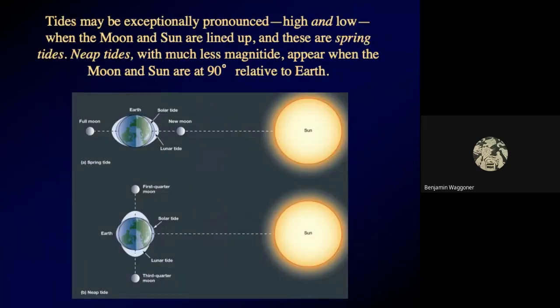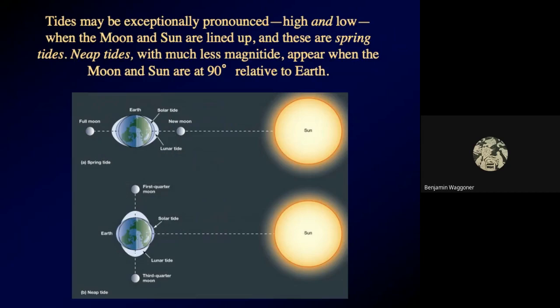Incidentally, the range of tides, the distance between a high tide and a low tide sea level, may be exceptionally pronounced at times when the moon and sun happen to be lined up, meaning when the moon is new, i.e. you can't see it, or when the moon is full.